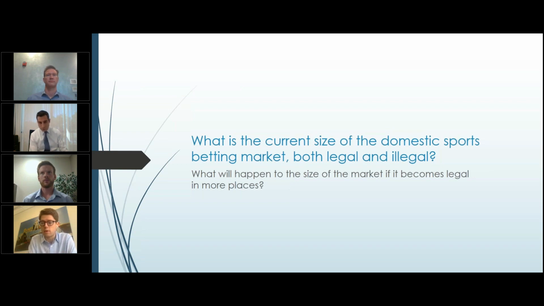So when you look at America and ask what is the size of the domestic market, what that really means is Nevada, and then of course you would add in Delaware's numbers as well. Those are the only two states that are currently running sports betting. The handle in America is a little higher than 4.5 billion. That is a 2016 number. We don't have 2017 at this point.